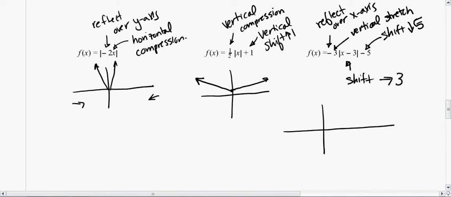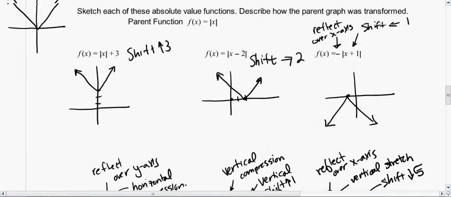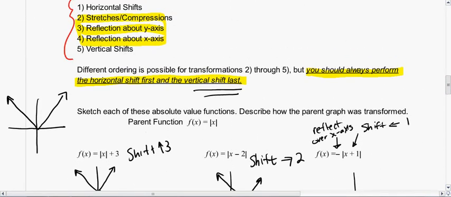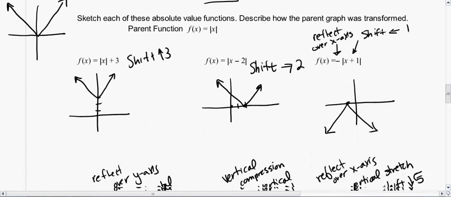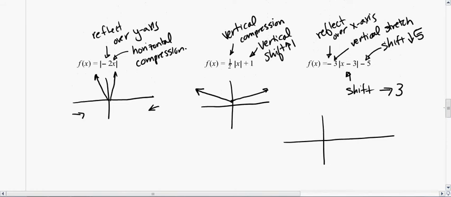So I have horizontal and vertical shifts. I better check to see what order to do them in. Horizontal is first, vertical is last, and everything else can happen as I want to in between. So let's shift horizontally to the right 3 first. 1, 2, 3. All right, so we're starting here. I have to reflect my graph over the x-axis, and it's going to be vertically stretched, which means it's going to be skinnier.